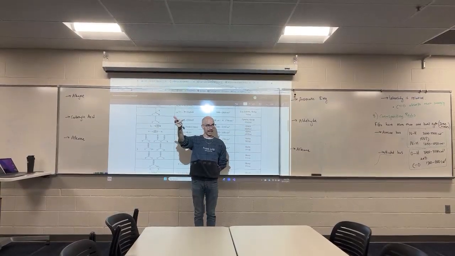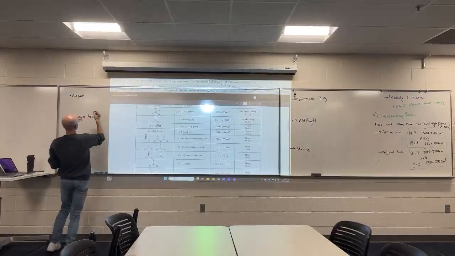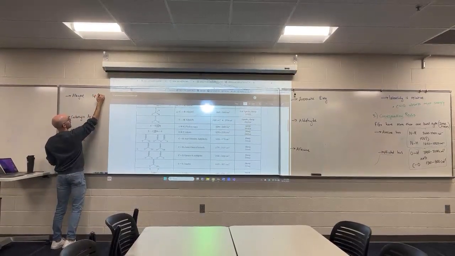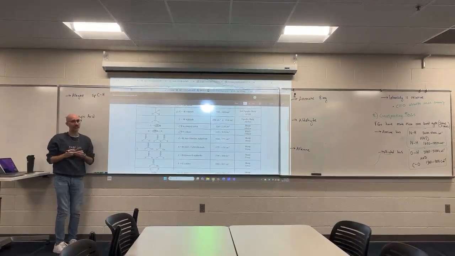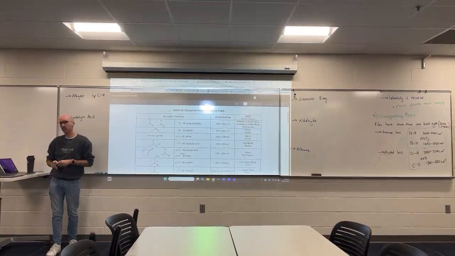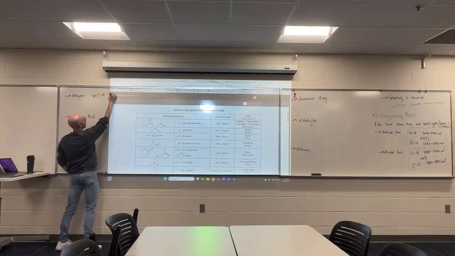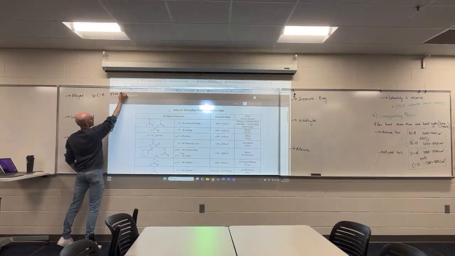Now, if that alkyne is what we call terminal, then you can expect to find an sp hybridized CH absorption. And we saw that being the highest CH absorption, 3,300 to 3,200.